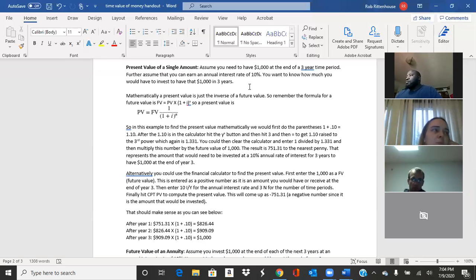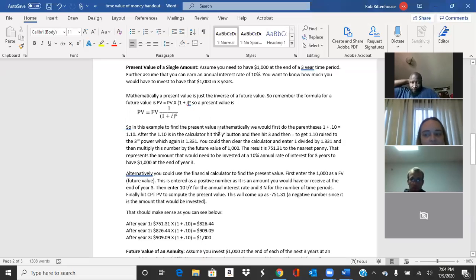You want to know how much you'd have to invest to have 1,000 in 3 years, given a 10% rate. Mathematically, a present value is just the inverse of a future value. The formula for a future value was the present value times 1 plus I raised to the nth number of time periods. The present value is just the future value times 1 divided by 1 plus I to the n.